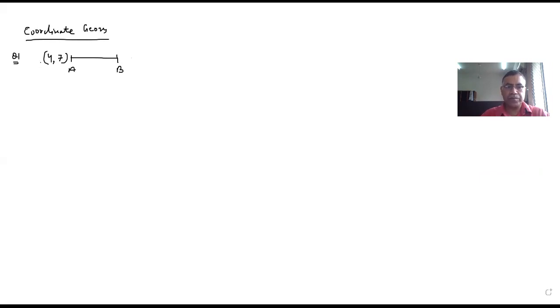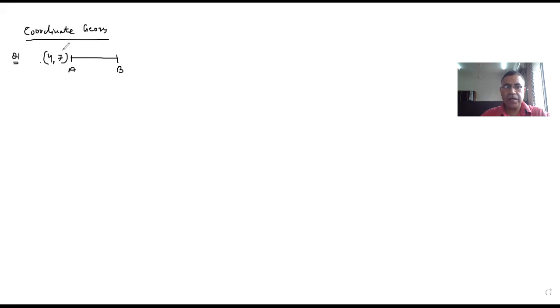Mohit. Coordinate of the point which is on the x-axis. Mohit. Sir, 4. I'm asking you, what should be the coordinate of the point which should be on the x-axis?